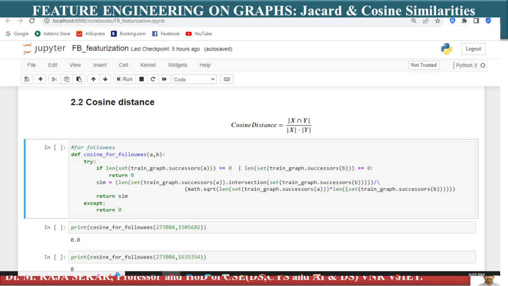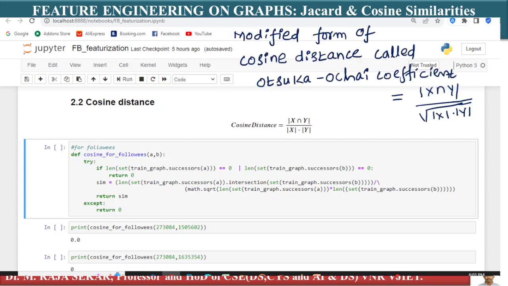There is a modified form of cosine distance called the Otsuka-Ochiai coefficient. Just try to search for this particular measure in Wikipedia. What is the difference between cosine distance and the Otsuka-Ochiai coefficient? In the case of the Otsuka-Ochiai coefficient, in the denominator we will keep the square root of the number of elements of x times the number of elements of y.